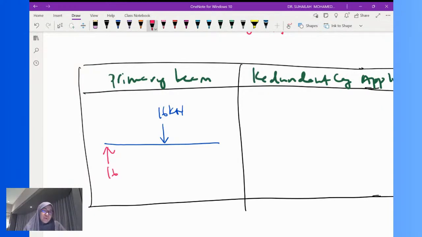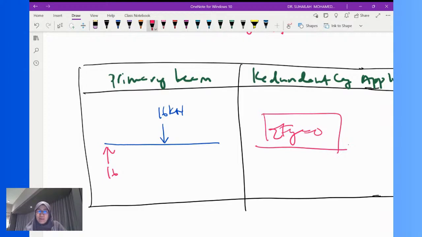So AY is equivalent to 16 because we need to fulfill total FY equal to 0. 16 opposite with negative 16, one going down, one going up. So for total FY, it is fulfilled.